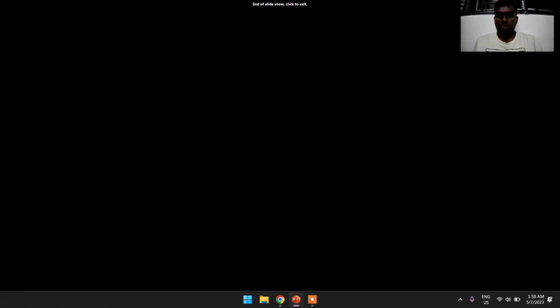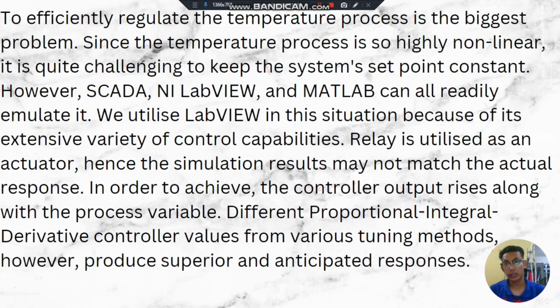For the conclusion, efficiently regulating the temperature process is the biggest problem. Since the temperature process is highly nonlinear, it is quite challenging to keep the system set point constant. However, SCADA, LabVIEW, and MATLAB can all readily emulate it. We utilize LabVIEW in this situation because of its extensive variety of control capabilities.